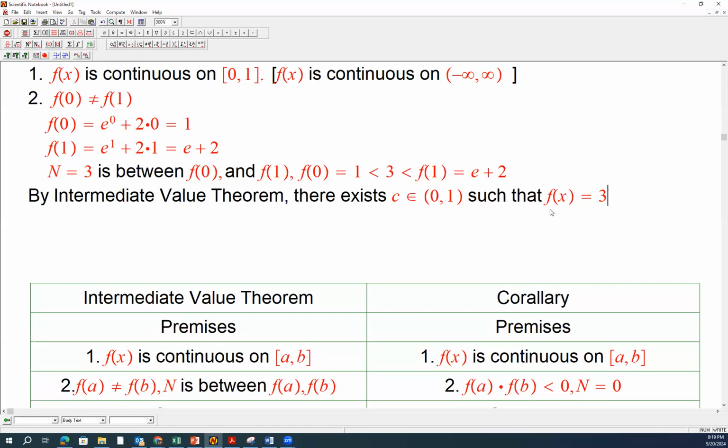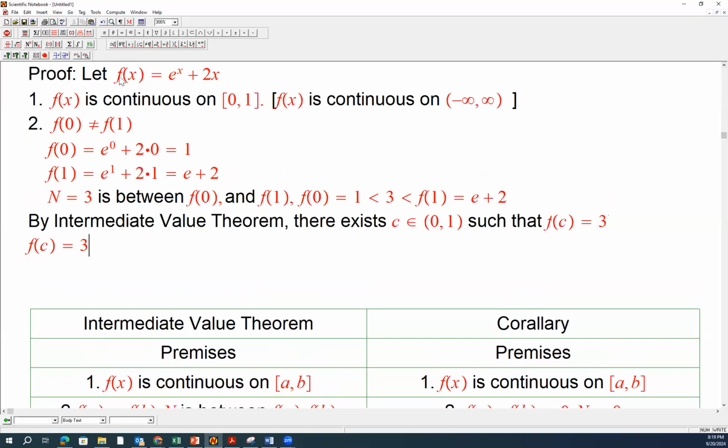Okay? So what does it mean, f of C equals 3? F of C equals 3 basically means, in f of x, we replace x by C, and that's C equals 3. All right? So we have proved it with the intermediate value theorem.